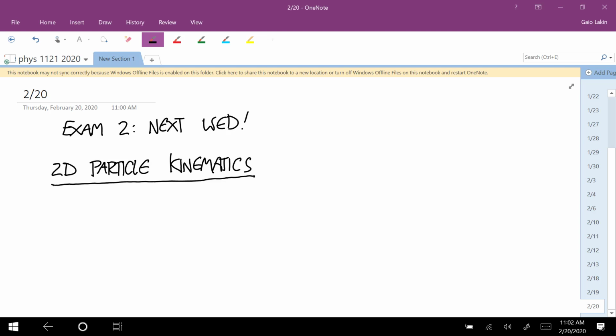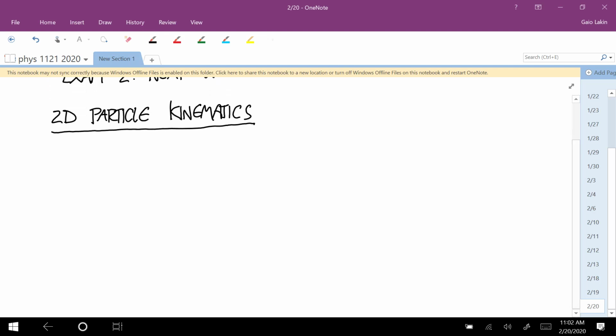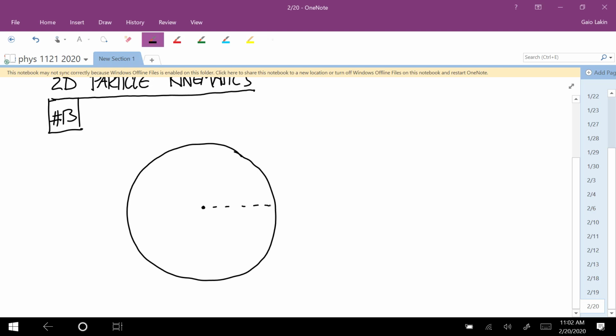But okay, number 13. A small object moves around a circular path. The object at the instant that we're thinking of is here.